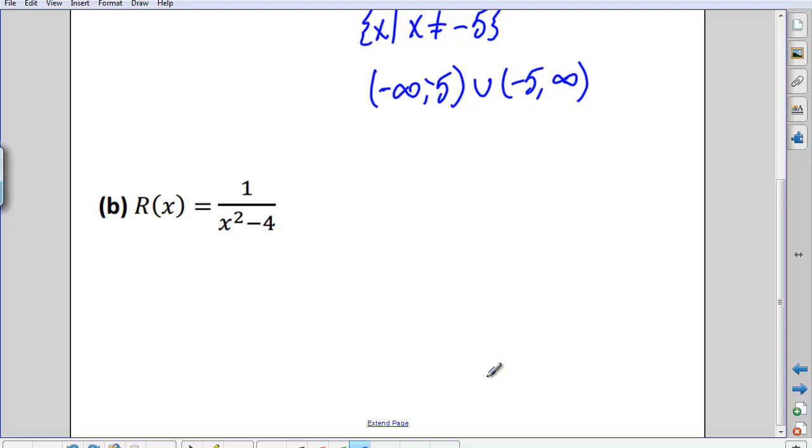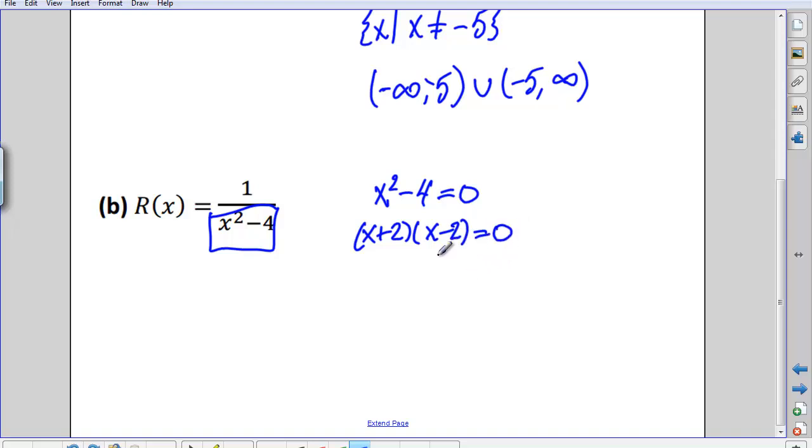Next question, part B here, 1 over x squared minus 4. Again, we're just looking at the denominator here, x squared minus 4. Set that equal to 0. There are two ways we can solve this. The way I'm going to do it is by factoring. I can factor that as a difference of squares, making it x plus 2 times x minus 2.